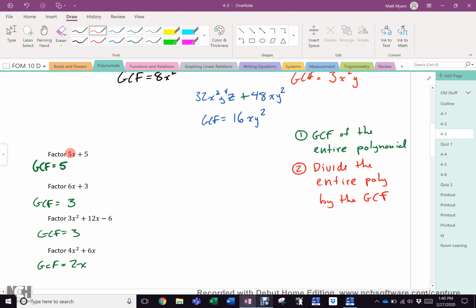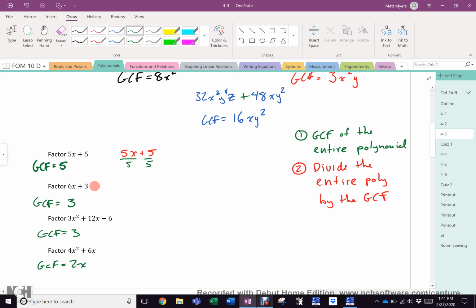So, this is my polynomial, 5x plus 5, and I'm going to divide the entire thing by 5. So this is the work that you do. Normally, you're not going to bother showing me this work because you are going to be doing it in your head at your level. Okay? But for note taking, I'm going to make you show me your work.